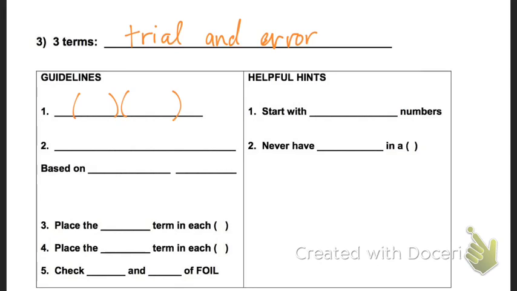From there, you will decide what signs to put in your parentheses. So it could either be plus plus, plus minus, minus plus, minus minus. There's the 4 options. It is based on the last sign in your expression.